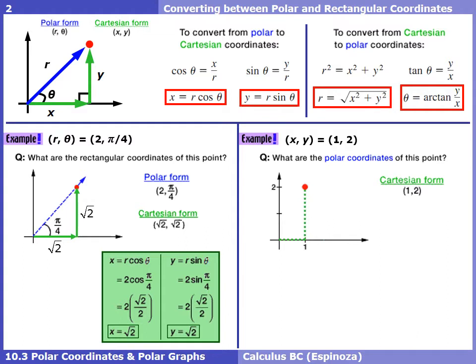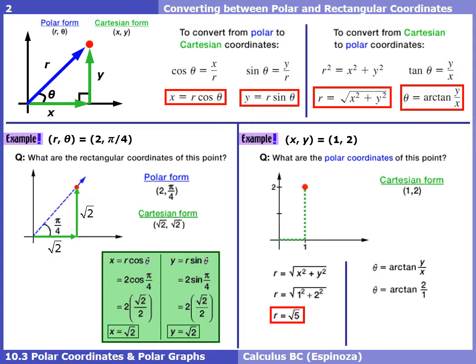Again, just as a visual, I'm going to plot the point (1, 2), but ultimately we're just going to use the formulas from above to help us find that polar point that corresponds to (1, 2). r would be the square root of x squared plus y squared, and of course when we plug those values in, we'll end up with the square root of 5, and we're going to leave that exact and not round that off to a decimal. To find theta, we need to take the y over the x value and find the arctan of that.